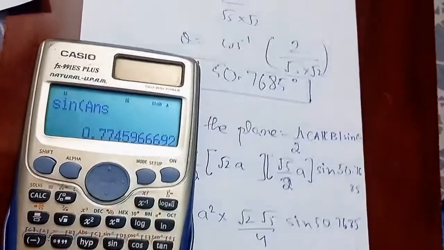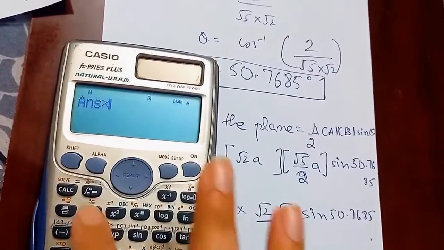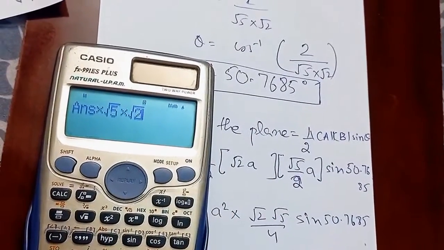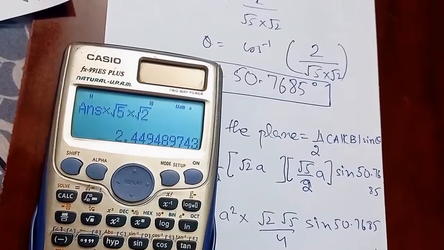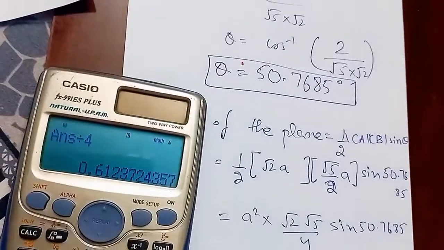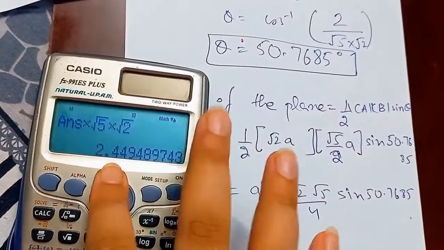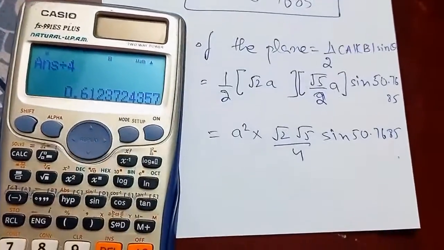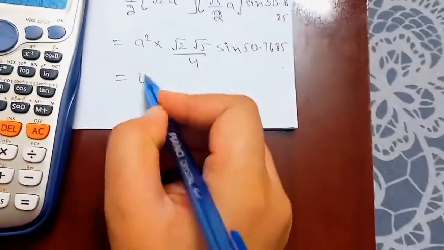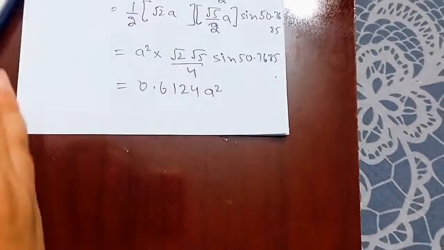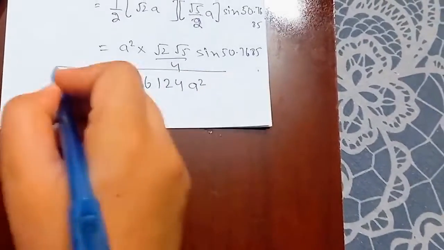It gives this, multiplied by under root 5 under root 2 divided by 4. So this one thing, it's 0.6124 if you round it off, A square. This is the area.